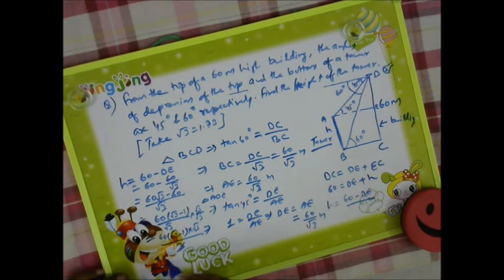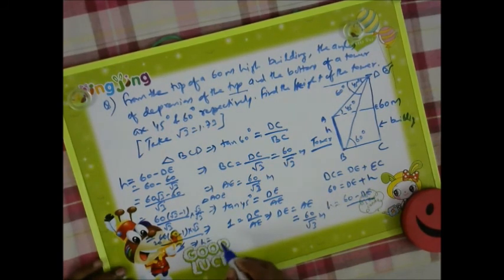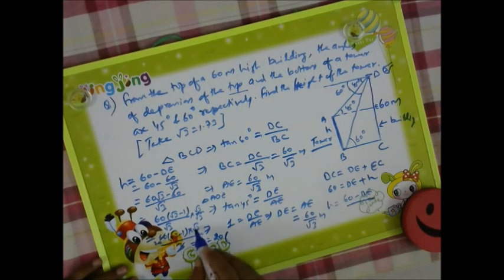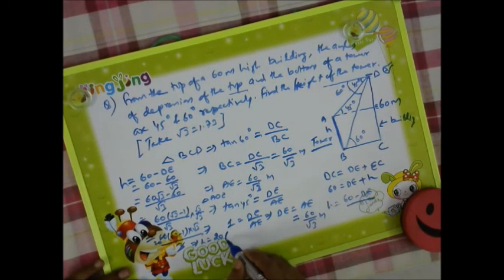With this 3 we have cancelled 60 and got 20. So h is equal to 20, and then root 3 multiplies here: root 3 into root 3 becomes 3, minus root 3. So it is 20 into 3 minus 1.73.